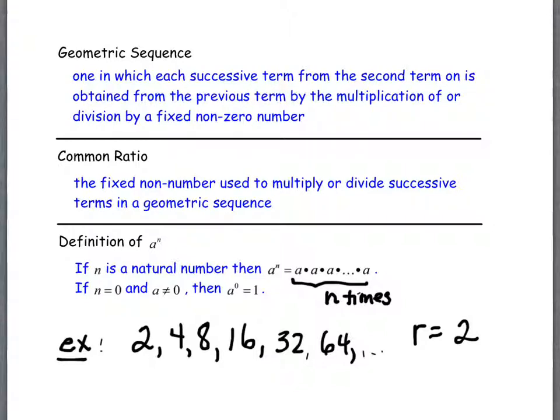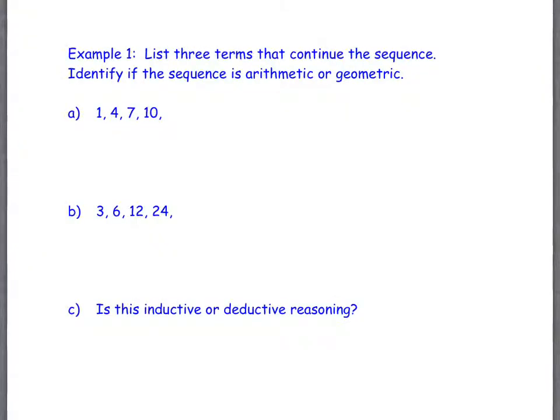We need it here because what we're going to be doing in a moment is we're going to take some sequences on the next slide, and we're going to decide, are they arithmetic, are they geometric, are they neither? And we're going to list the next few terms, all right? But even though it doesn't say it on this slide, the other thing we're going to do is create that general nth term that I talked about, because you do have some examples in your homework that ask you to do that, and I failed to include one on your slides.